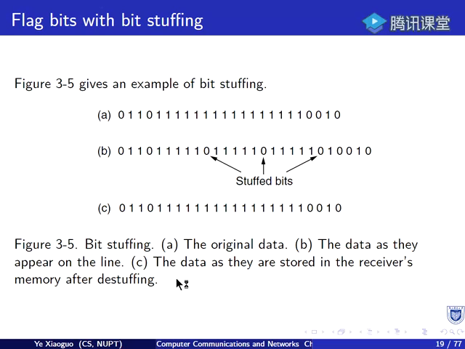The receiver destuffs and gets the original bit stream. So C equals A, although the stuffed stream is transmitted in the data link layer.